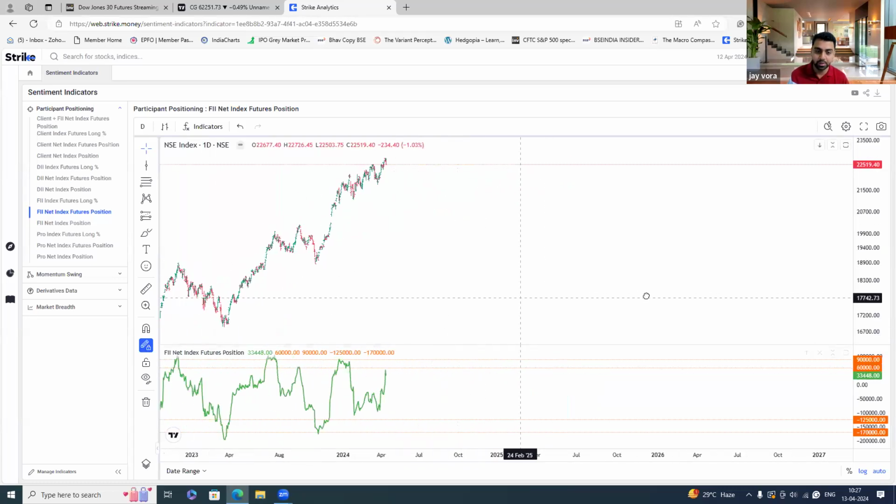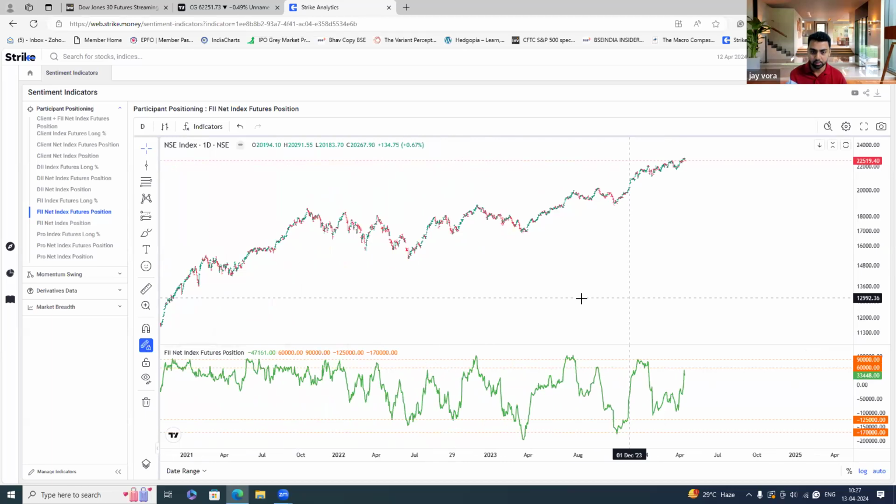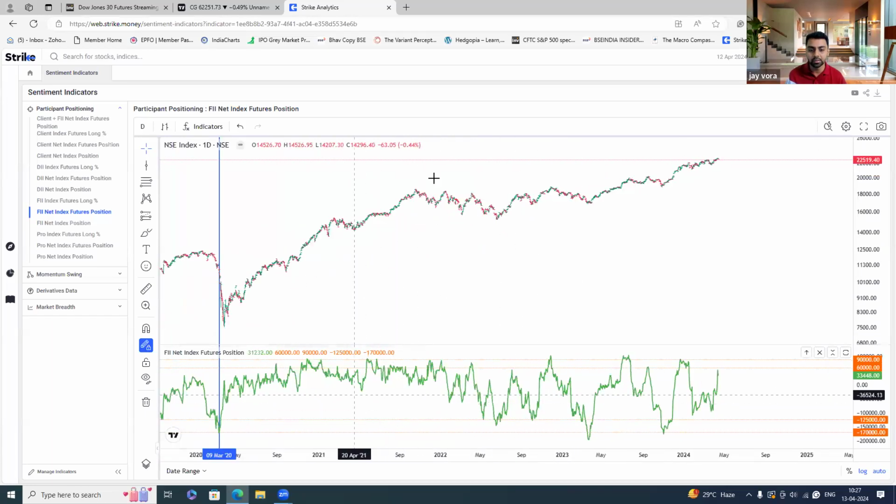So say for example when we look at the FIIs, okay, you can look at this period. Like I told you, when you are in this winning position which FIIs were in during this time, all they would do is create a long position, then cut their position, then again create long, then again cut.